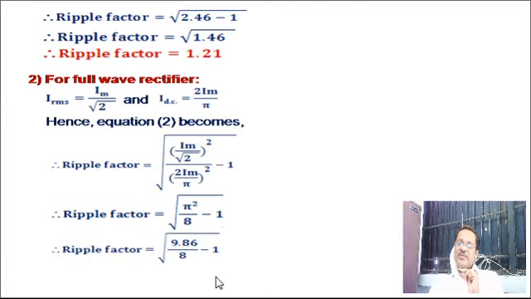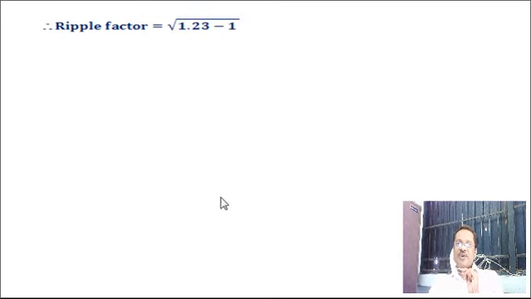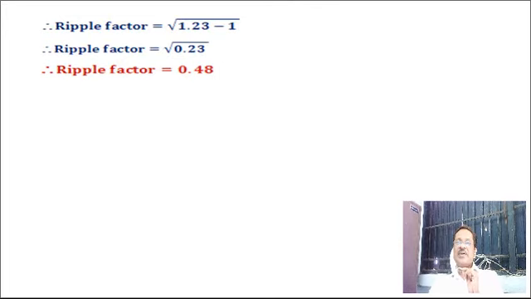Substituting the value of pi, we get ripple factor equal to under root 9.86 divided by 8 minus 1. 9.86 by 8 is 1.23, so ripple factor will be under root 1.23 minus 1, so it will be root 0.23, and root 0.23 is 0.48. So the ratio of AC to DC in the full wave rectifier is 0.48.